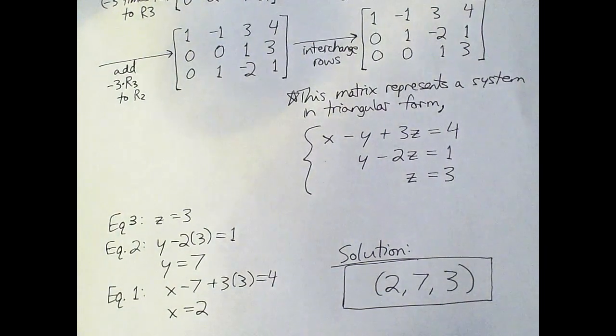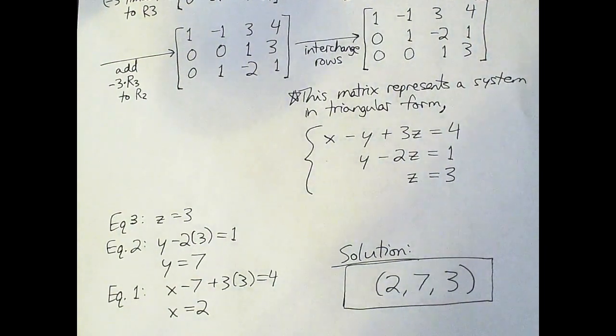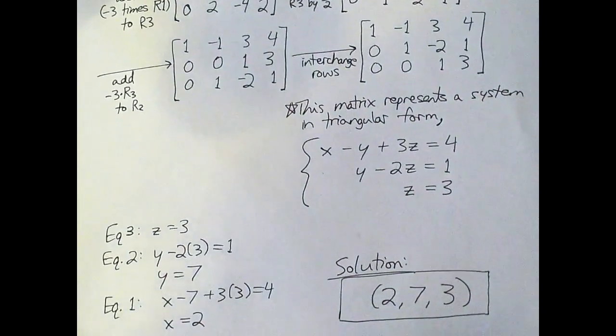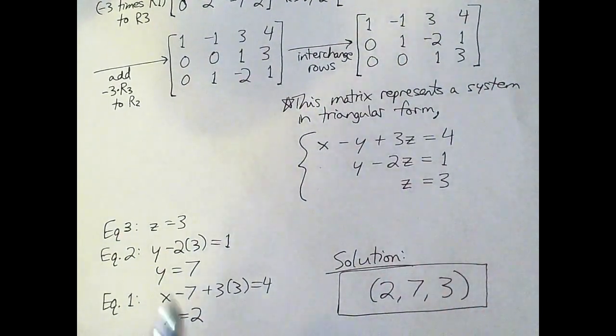So working with matrices like this has its advantages. It's kind of like we strip the system down to the essential components, the numbers that actually matter, and then we can just work with rows of numbers and adding rows of numbers to each other.